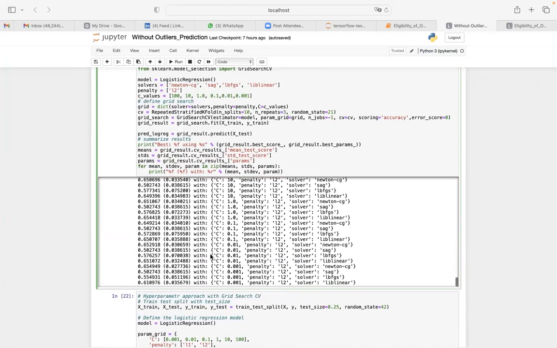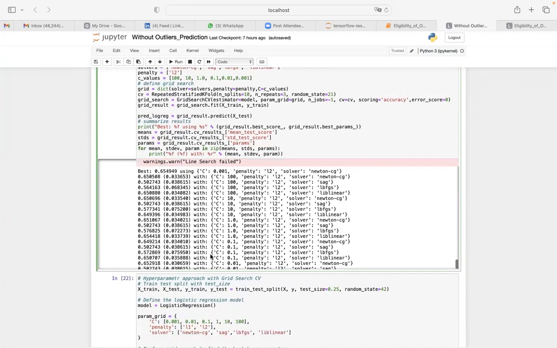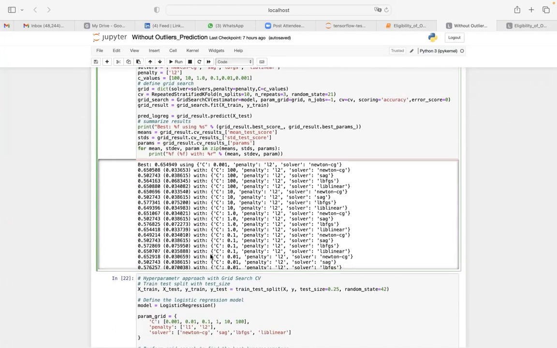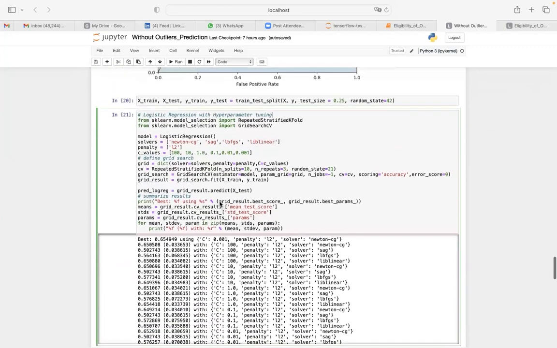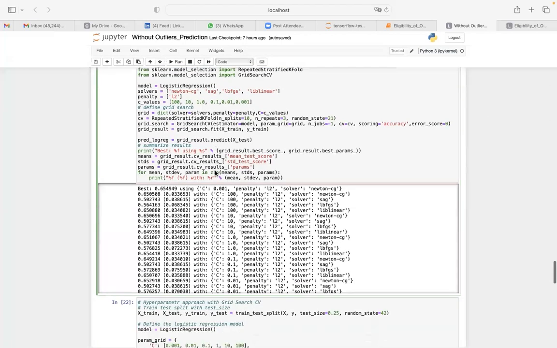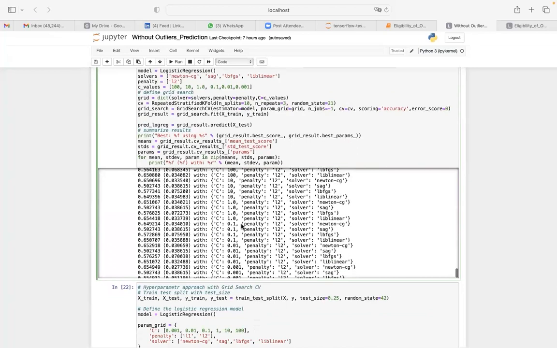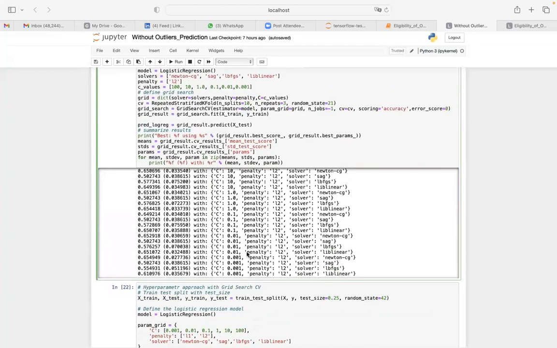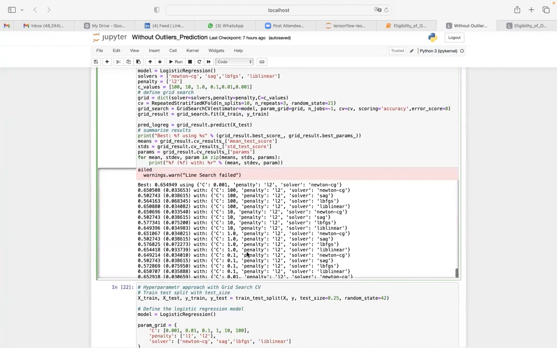We might have heard previously that grid search CV does an iterative process by checking all the values that have been given to it. So in our logistic regression model, we are giving solvers, penalty, C values, and it's trying to find out the values which are going to improve the prediction or not.